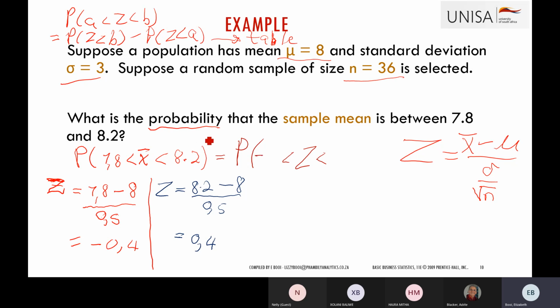I can just use the values we calculated previously: the probability of Z between minus 0.4 and 0.4.